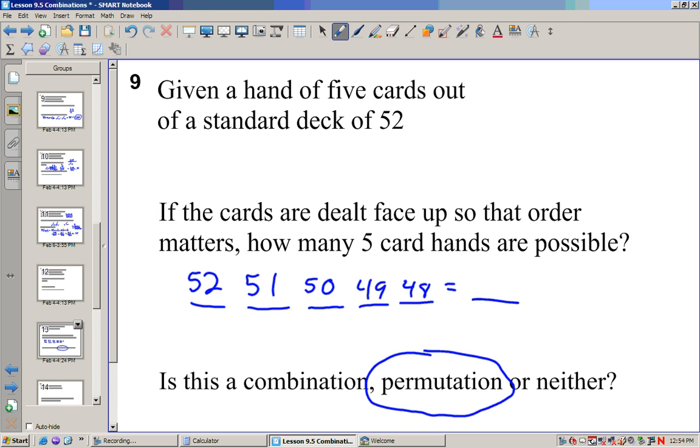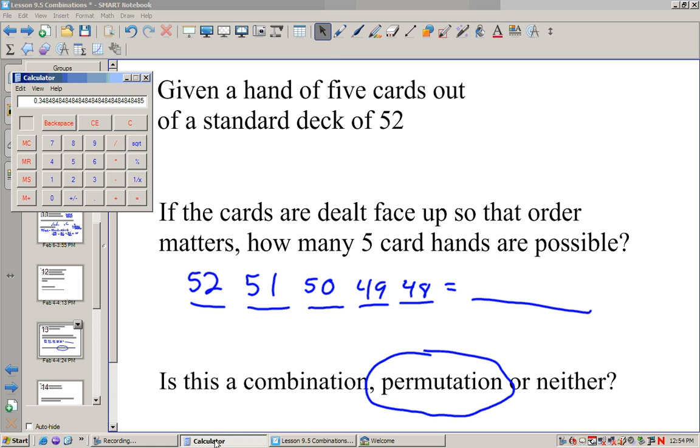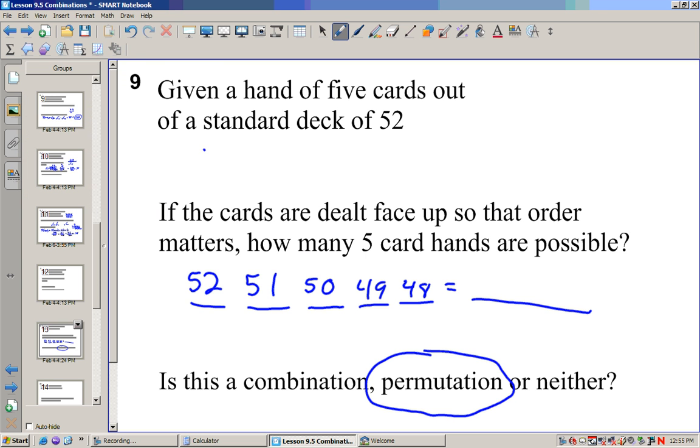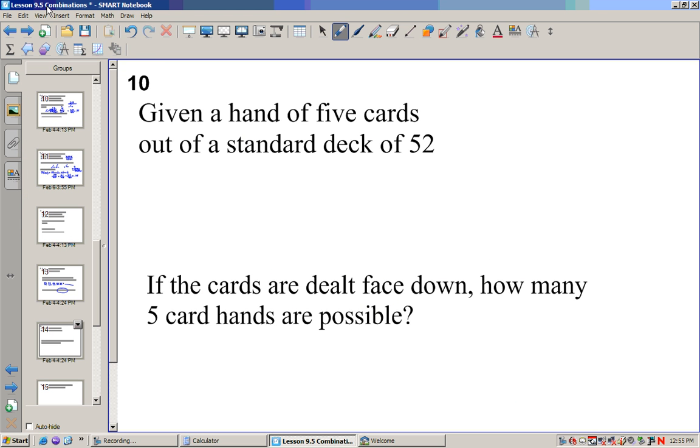So multiply those together, and you'll have your answer. That's 52 times 51 times 50 times 49 times 48. So that's 311,875,200. Alright, a lot of hands.